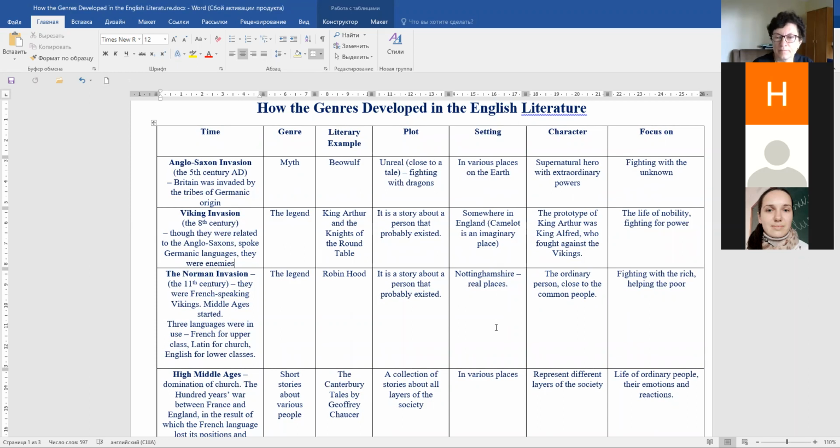Character: the ordinary person, close to the common people, focus on fighting with the rich, helping the poor. And you see that already the focus comes down from fighting with the unknown to fighting for power to fighting for the poor people.